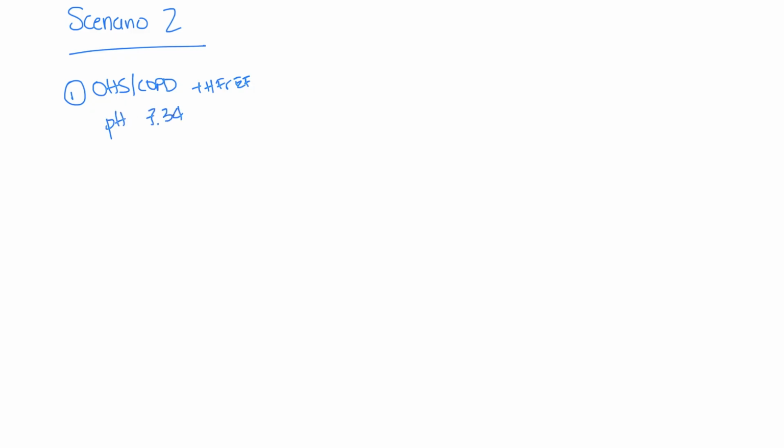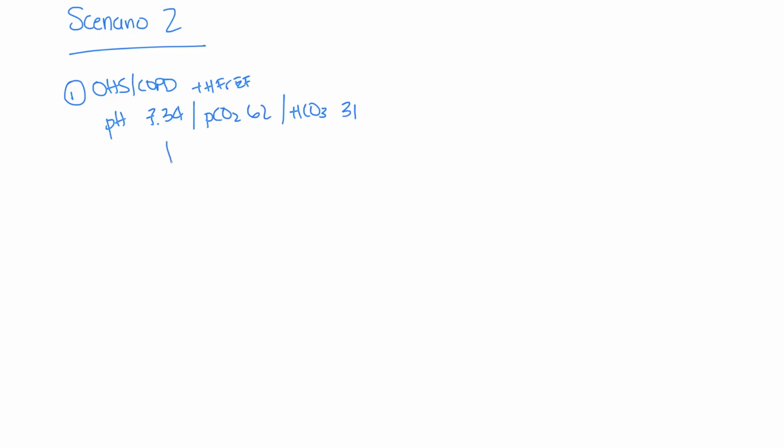All right, scenario 2 is the scenario that I think many people who deal with pulmonary disease are going to enjoy. So you have your patient with OHS or COPD or something like that, plus heart failure, and their baseline pH is something like 7.34, PCO2 of 62 and a bicarbonate of 31.